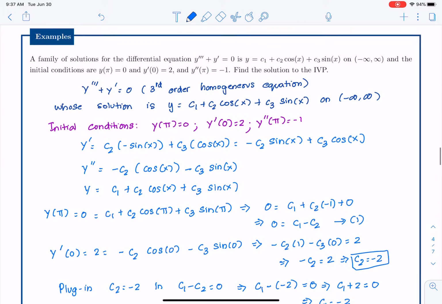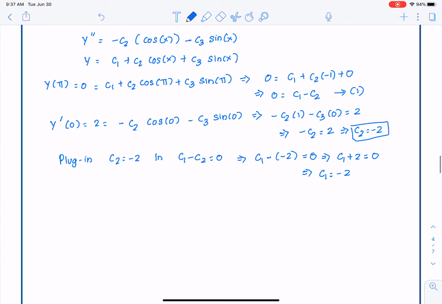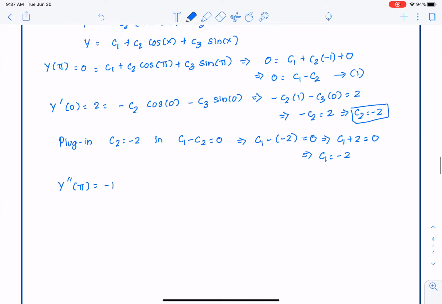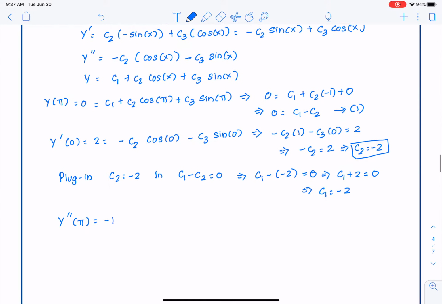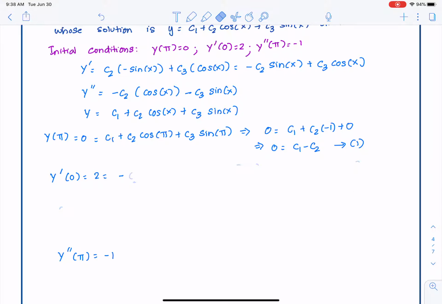And lastly, we make use of the third initial condition, which is y double prime of pi is -1, and we know y double prime is, aha, I made a mistake. I knew that things here got too easy. I apologize.